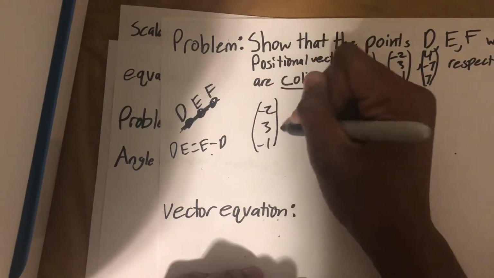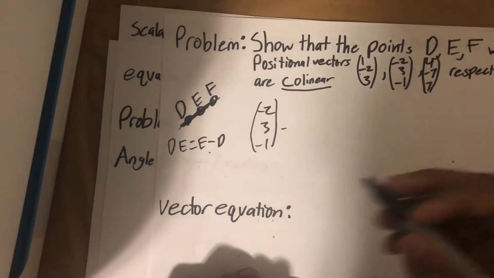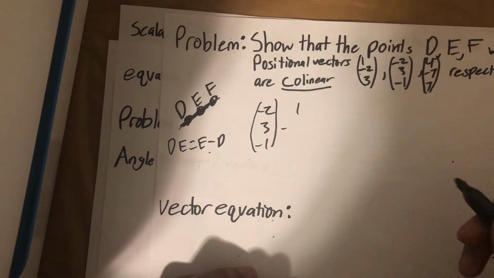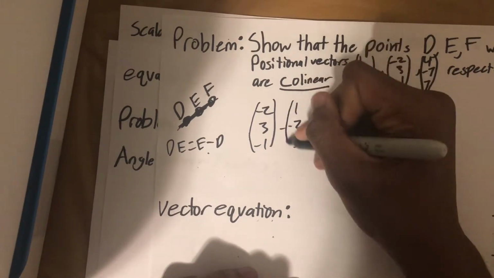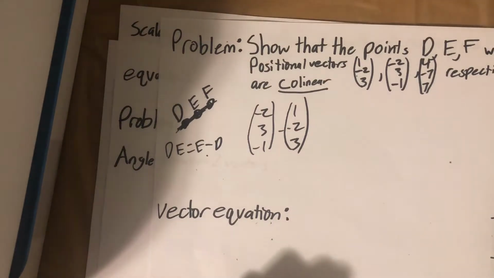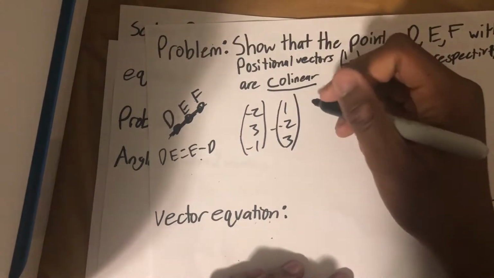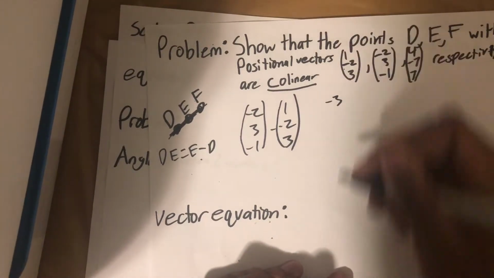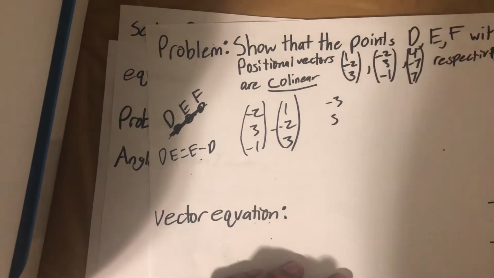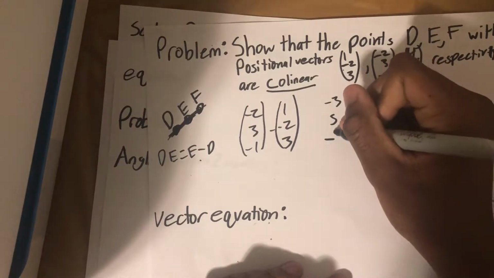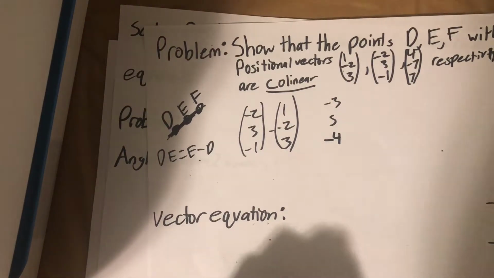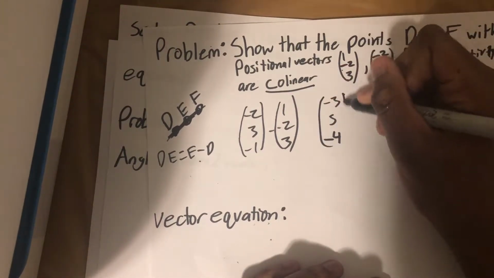And we're going to subtract D from that, so we have 1, negative 2, 3. And so then you get, let me see, negative 1 minus 1. So you get negative 3, you get 5, and then you get negative 4.